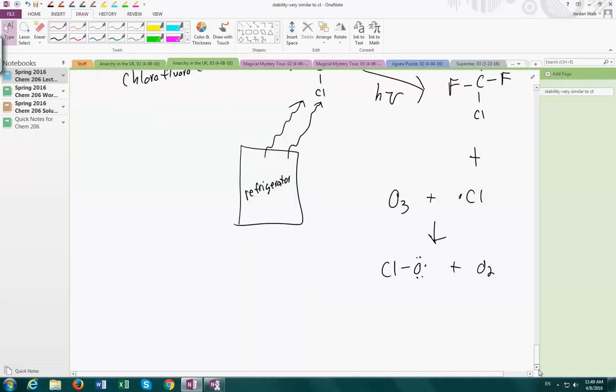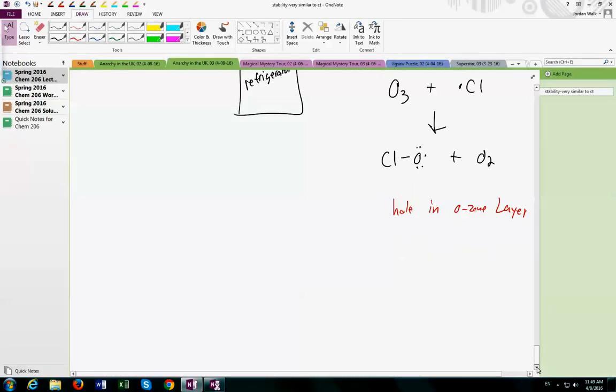We'll see why it is kind of bad in a second. And so eventually what results is a hole in the ozone layer. And so we no longer use these CFCs. Instead, we use hydrofluorocarbons. So we replace the chlorines with hydrogen. And so those are better. They don't cause a hole in the ozone layer. They just contribute to global warming.